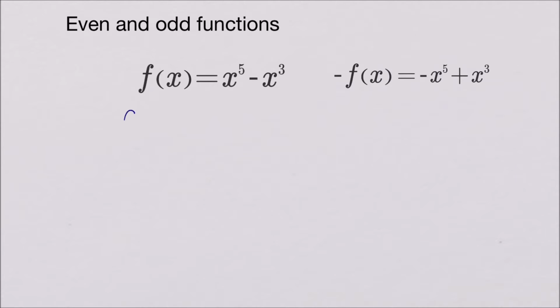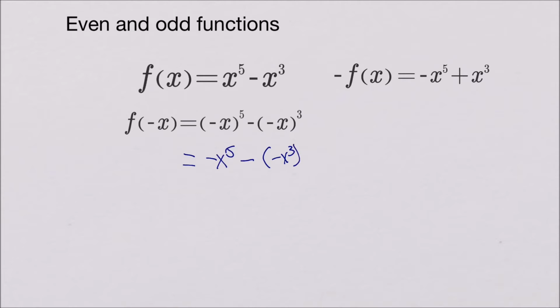We're going to look at what the value of f of negative x is, and that's going to equal negative x to the fifth minus negative x to the third. So then if we simplify this a little bit, this is equal to negative x to the fifth minus negative x to the third.